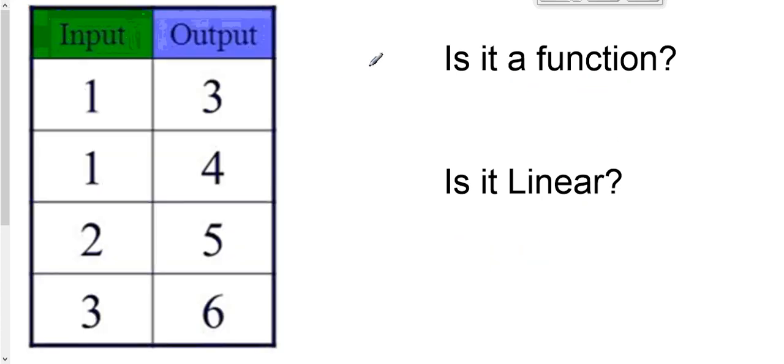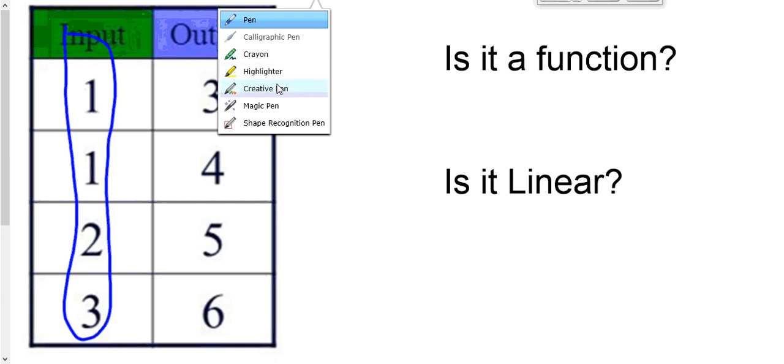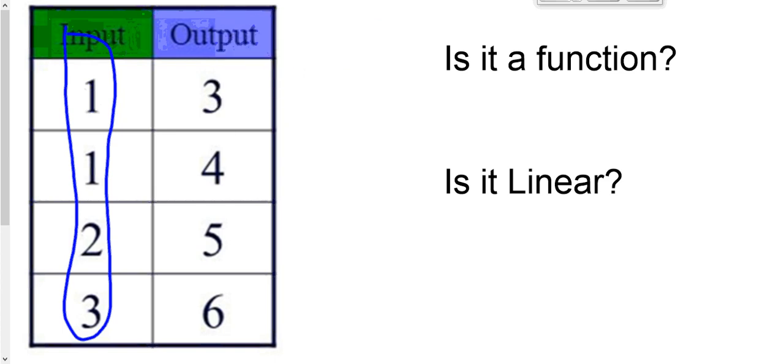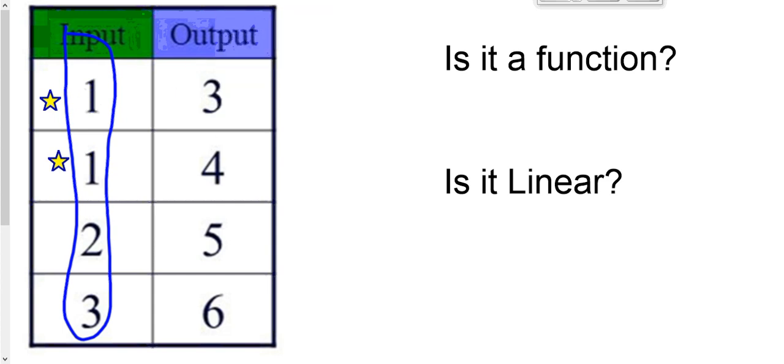Maybe we have a table. When we have a table, looking over here at the inputs. Right away we should notice that the inputs, right here and here, are the same. Which means if they're the same, their outputs have to be the same. Every input has exactly one output.